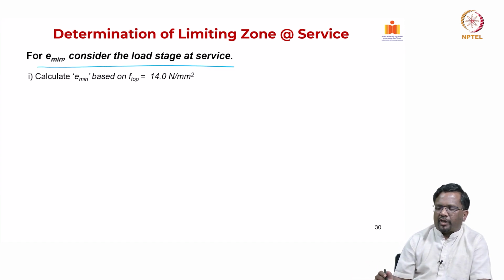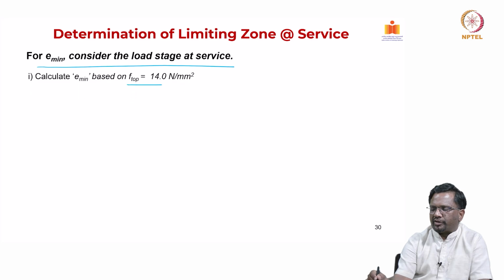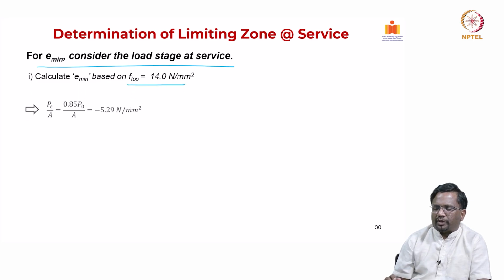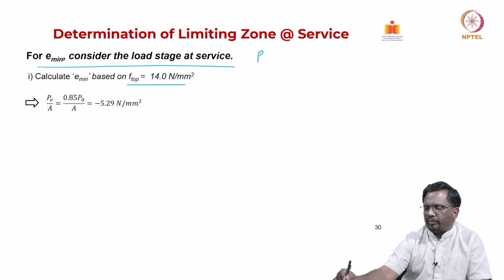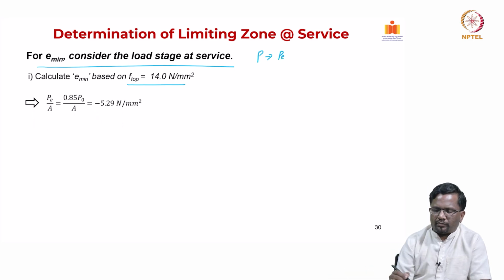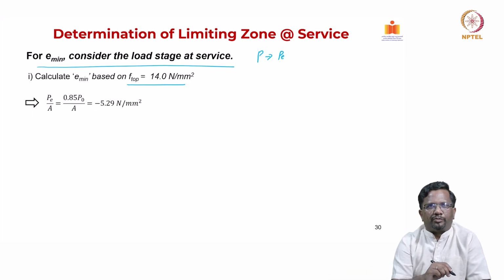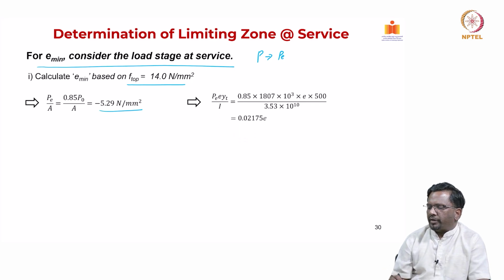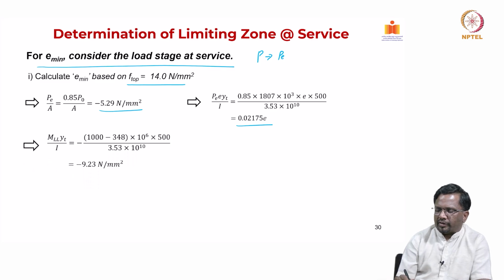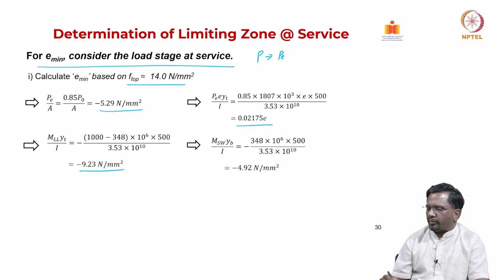Now E minimum, again stress at the top is in compression, which is 14 megapascal. So effective P will become effective pre-stress, right. We take 85% of P naught, divided by A 5.29, and P into e y_t by this, and then live load moment is this and self-weight moment is this.